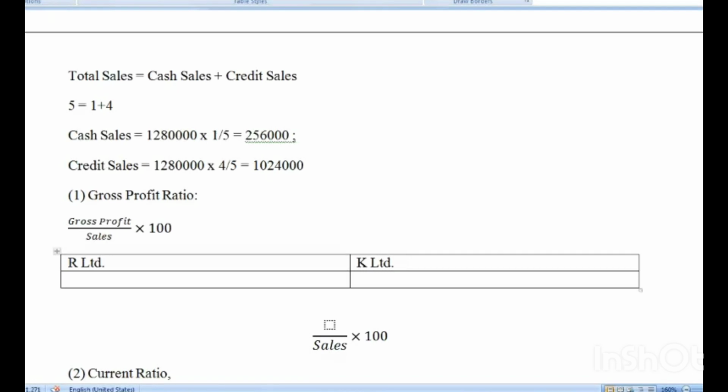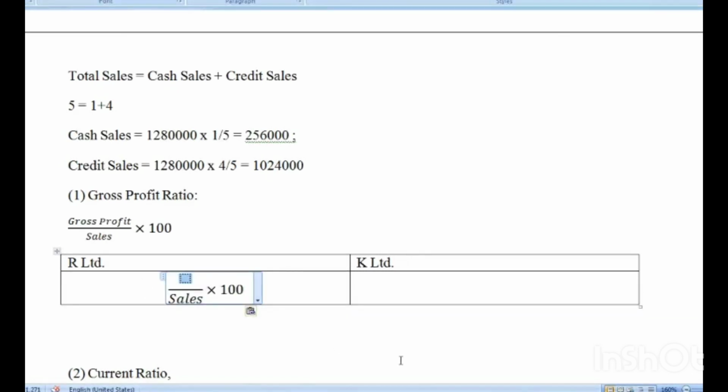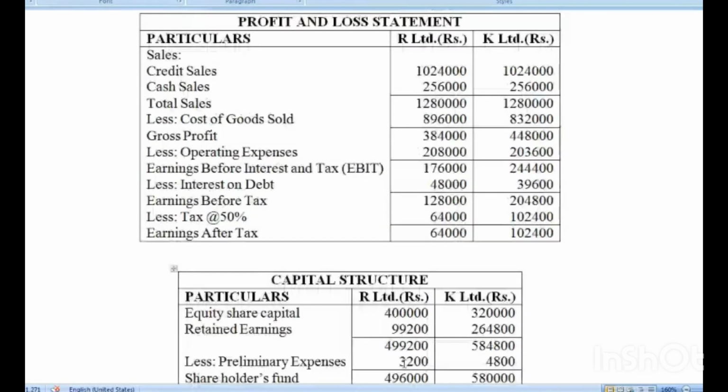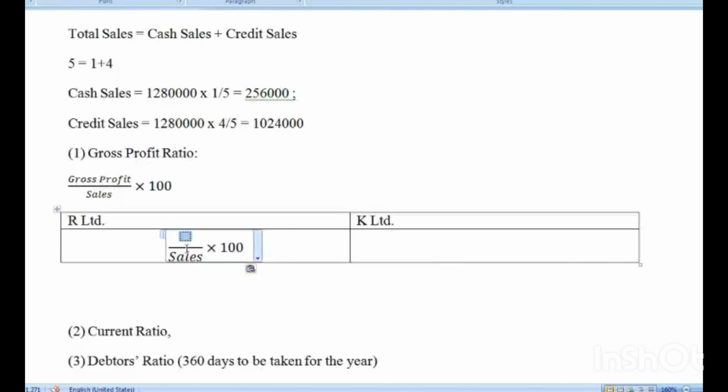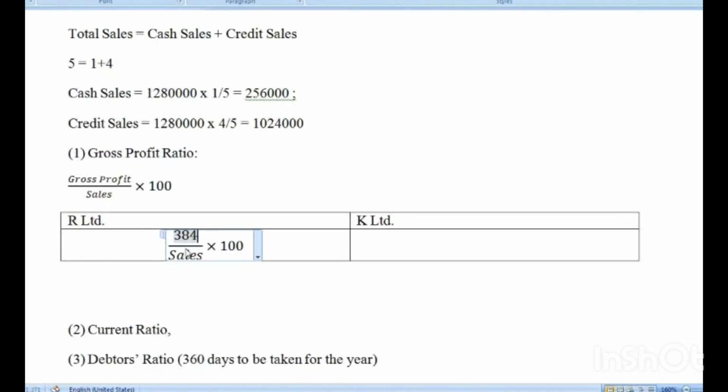Now in R Limited, what is the gross profit? It is 3,84,000. And what is the sales? Sales are common in both, 12,80,000.